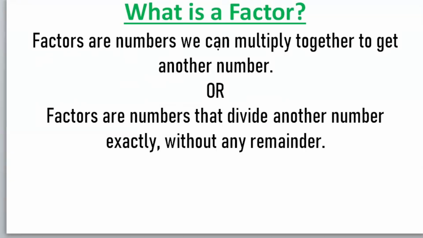Factors are numbers we can multiply together to get another number, or you can say factors are numbers that divide another number exactly without any remainder. It says find the factors of 10.